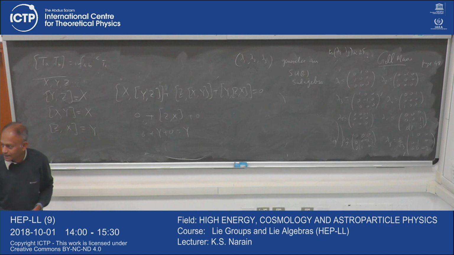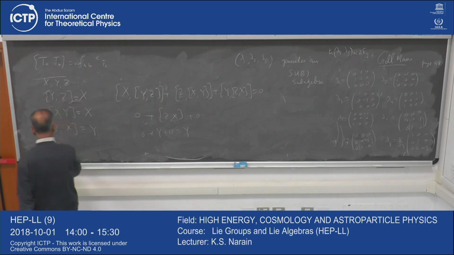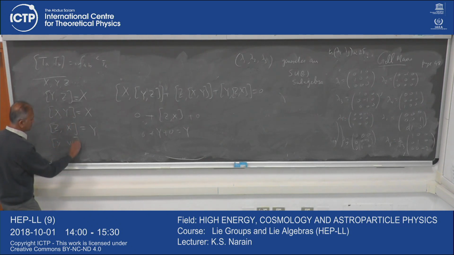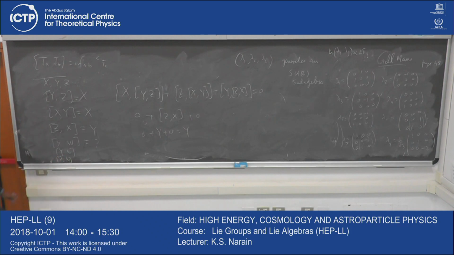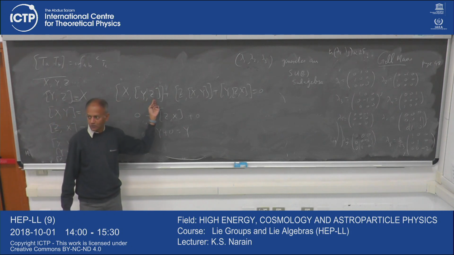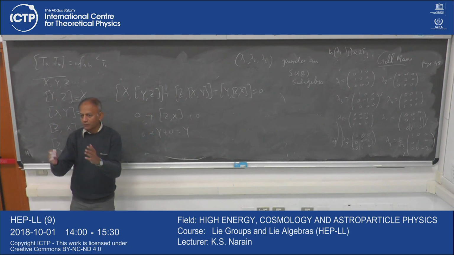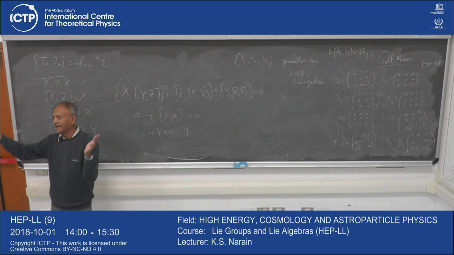For elements more than 3, there will be many commutators. Suppose I have a W also; then you have commutators with W, such as [x, w], [y, w], and [z, w], so you will have several possibilities. For SU(3), with 8 generators, you have to take 3 different ones, so it's a matter of how many ways you can pick 3 different ones from 8, which is the combinatoric 8C3.